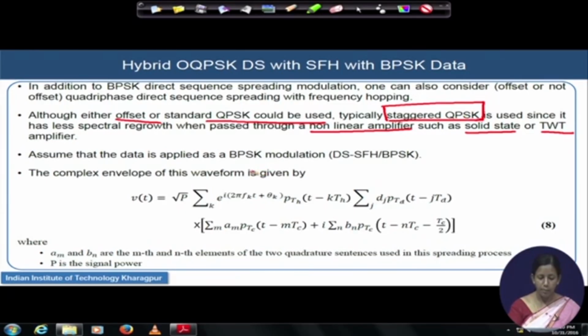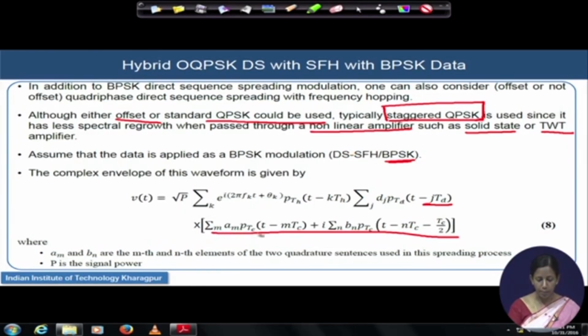And remember, now we are going to go ahead like this. We will have a QPSK based spreading, and the fundamental data modulation will be followed by the BPSK modulation, and the whole system is a slow frequency hopping system.